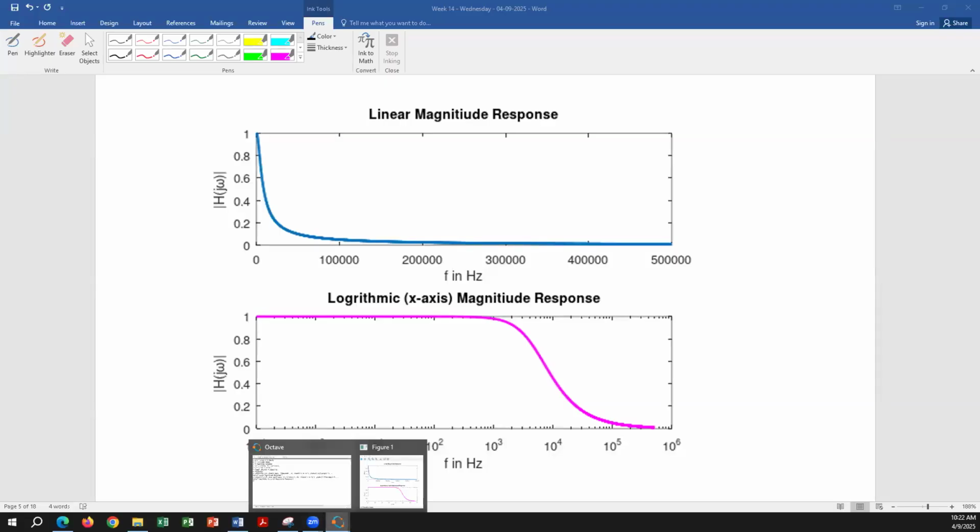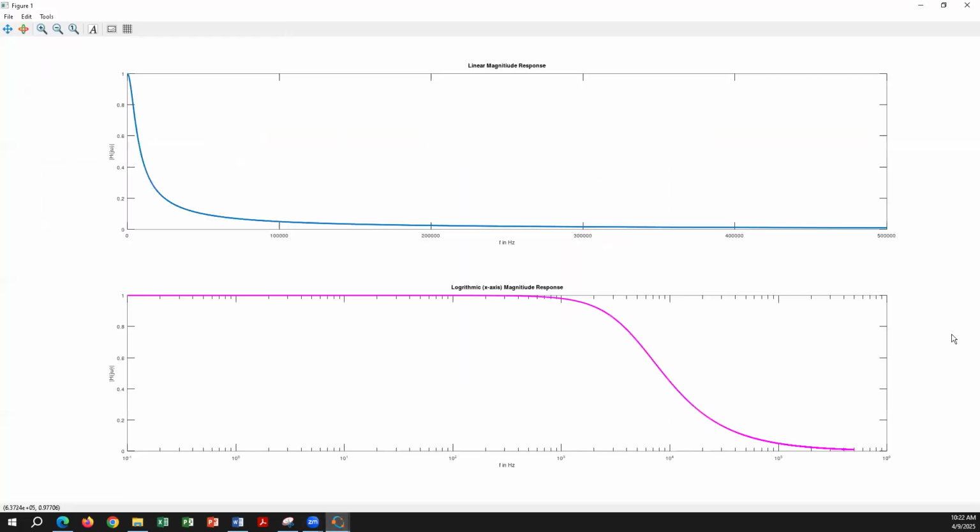All right, in the simulation or in a MATLAB plot, how are you going to figure out the cutoff frequency if the plot is given to you? You are going to move your cursor on the plot until you hit 0.707 and then read the corresponding x value, and that's going to be your cutoff frequency. If I move my cursor here, you can see that value changing at the bottom.